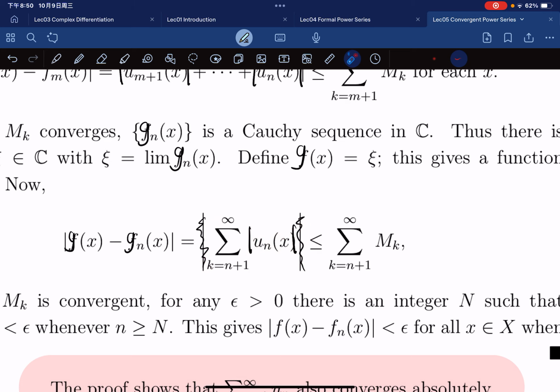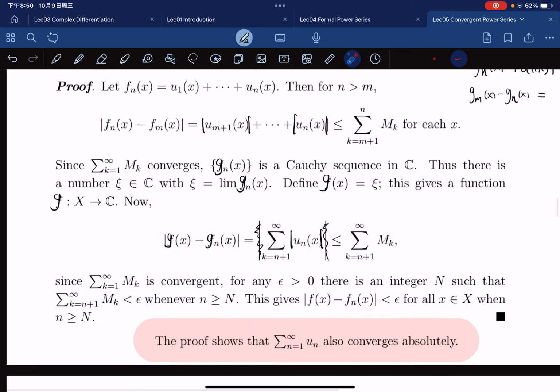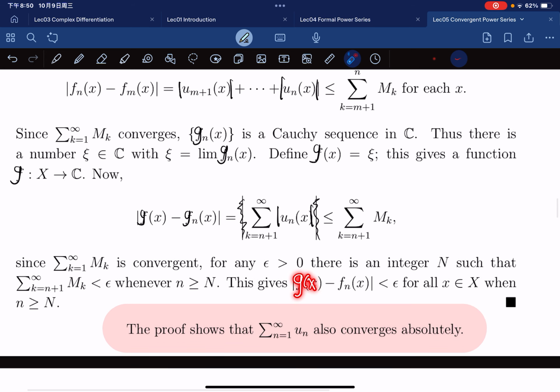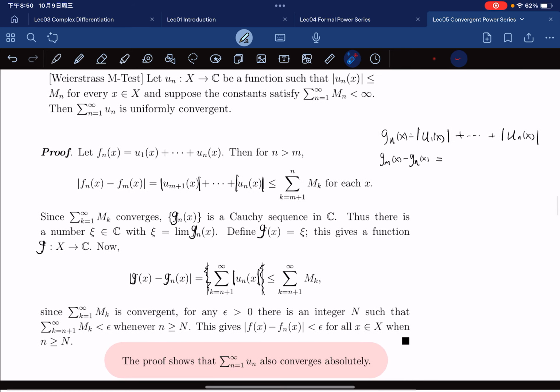Because of the inequality, we still have the bound, right? So exactly, this gives that |g(x) minus g_n(x)| is less than epsilon for all x. So it converges absolutely.